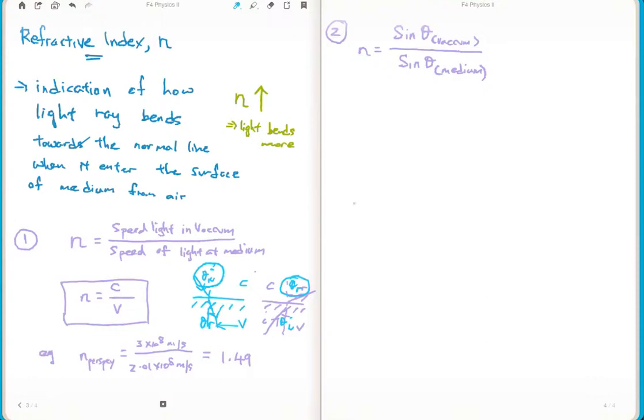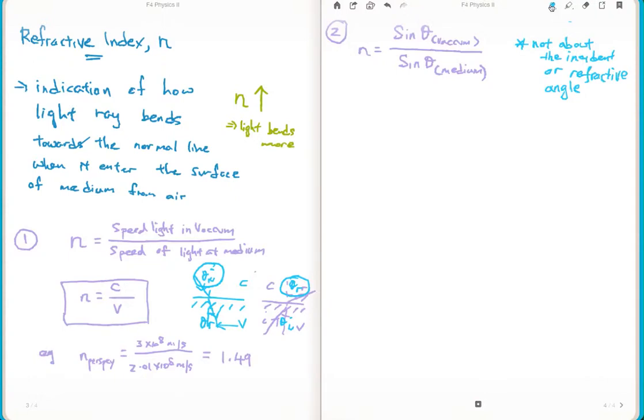Students always make mistakes. It is not about the incident or reflective or refractive angle. Please be careful.